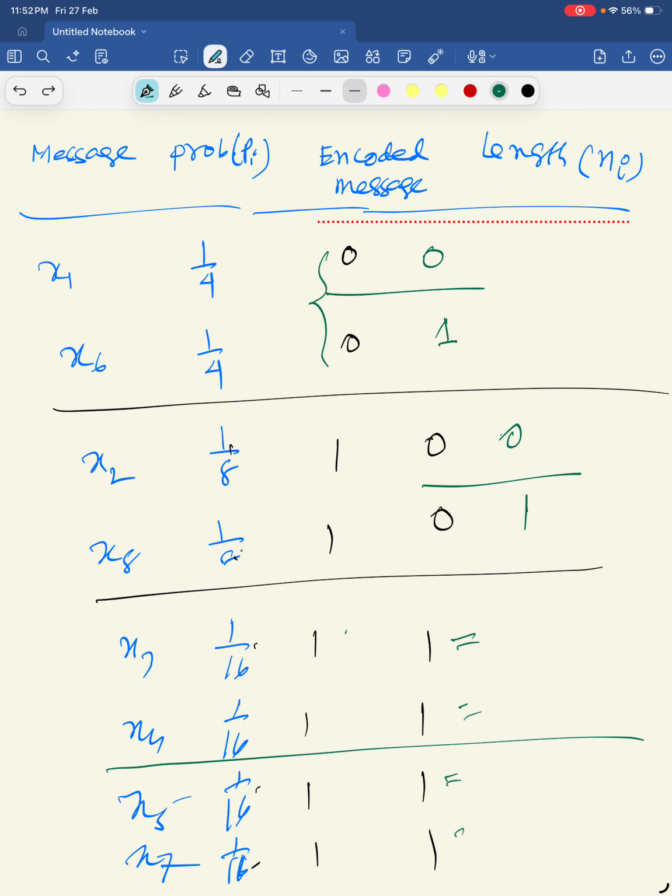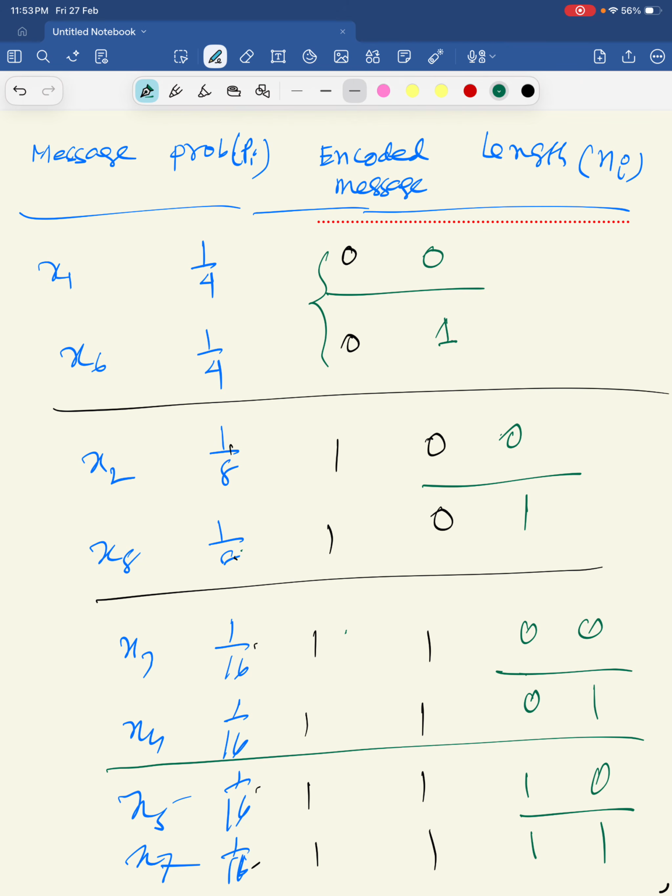So that's why we made one more group here. So this is the 0 group, this is the 1 group. Again we can make 0 and 1, this is also 0 and 1. So in this way we made the groups and we got the binary numbers.